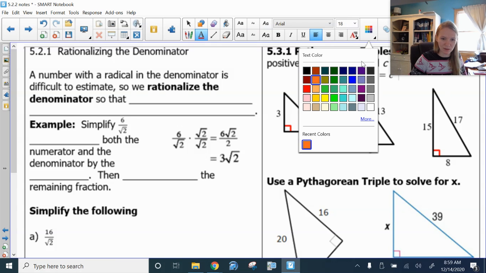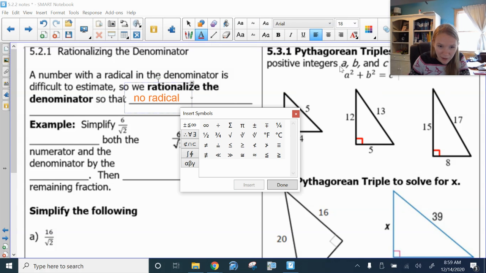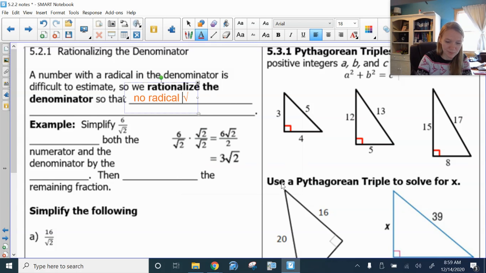Let's see here. I'll do orange again. I like that color. So rationalizing the denominator, that's what we were just doing. The reason we do it is so that no radical, that means a square root, remains in the denominator.